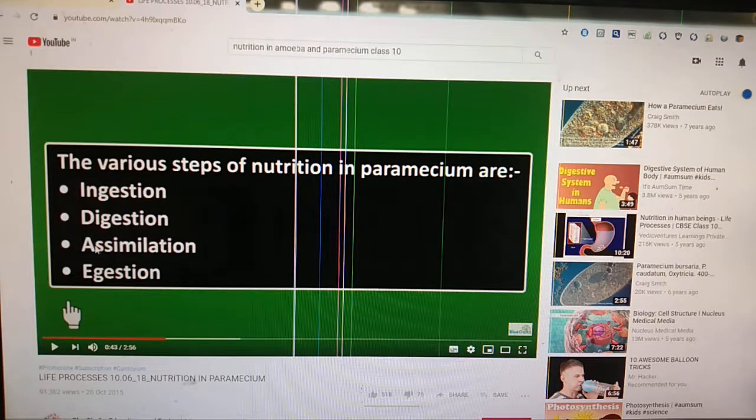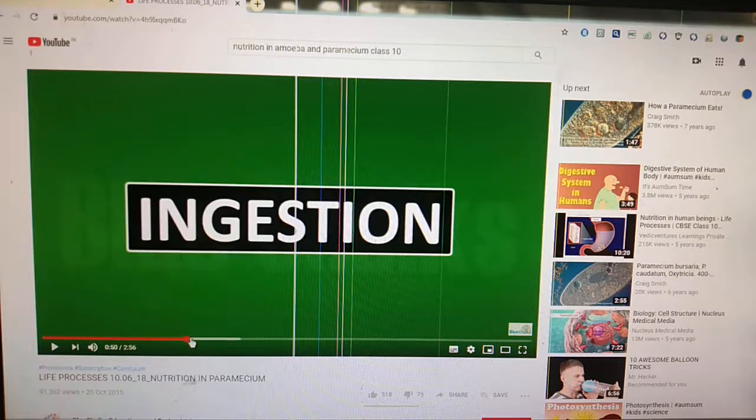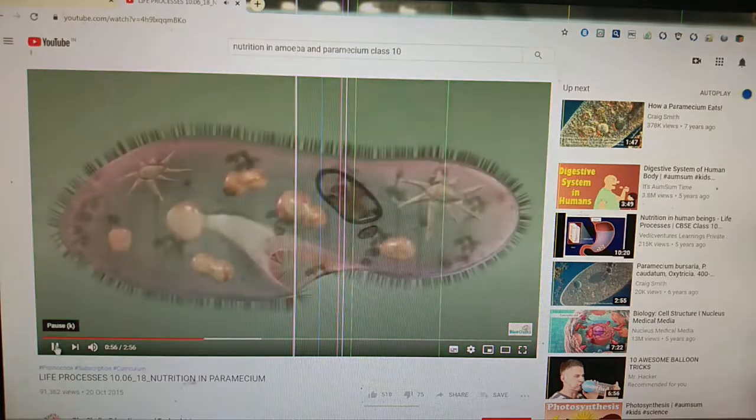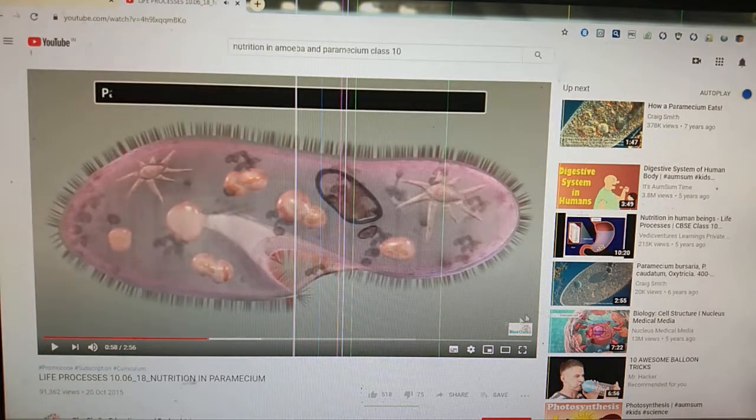Digestion, assimilation and egestion are the same; only the process of ingestion is different. In ingestion, the hair-like structures present surrounding the paramecium are called cilia.